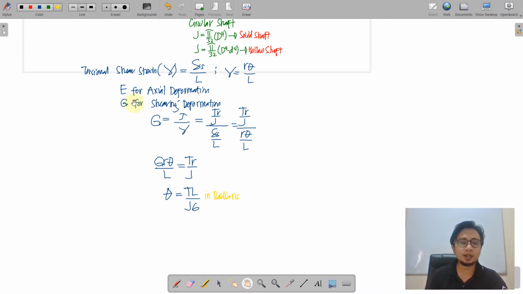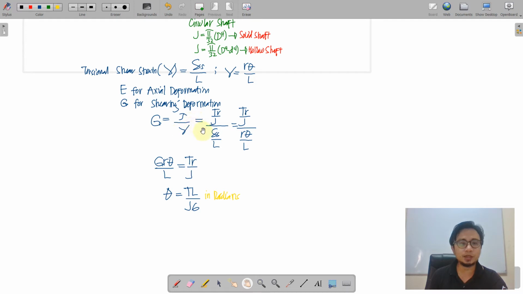And then analogous to Hooke's law for E, that is for axial deformation, it simply states that the shearing stress is directly proportional to the shearing strain, with the modulus of rigidity.